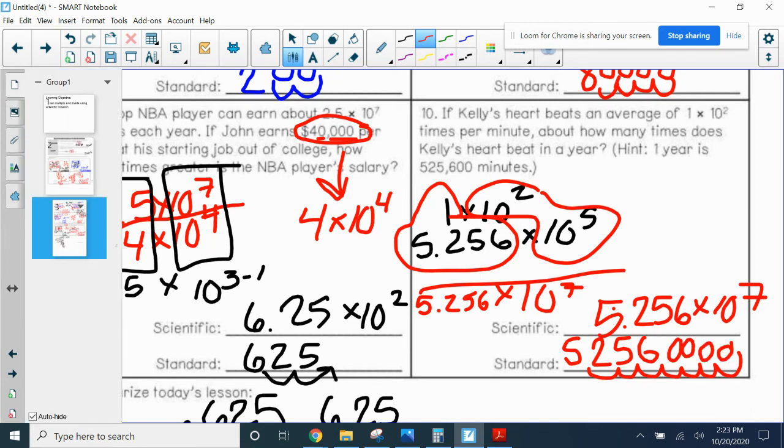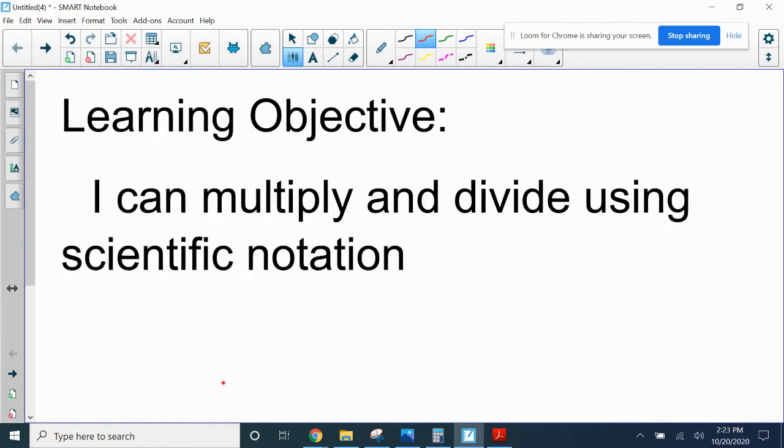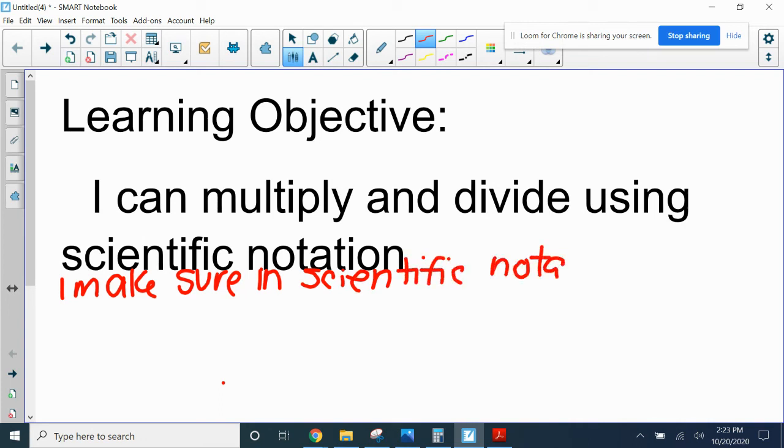All right, so let's summarize. Let's go back to what we started with. I can multiply and divide using scientific notation. We know that we need to make sure both are in scientific notation. And once we've done that, we're going to line them up.